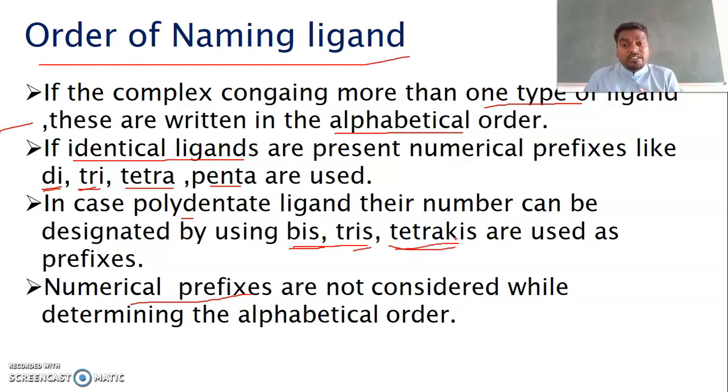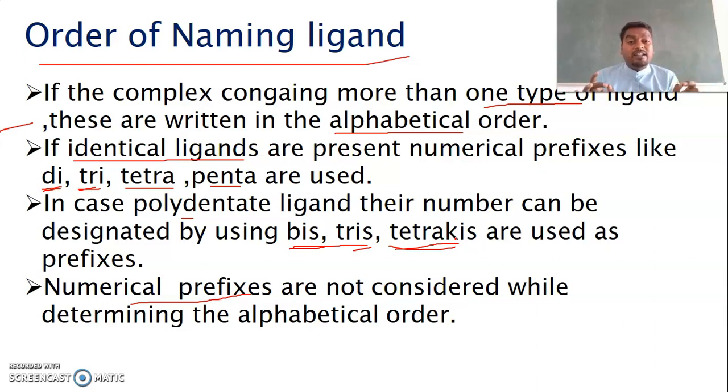These numerical prefixes are not considered while writing alphabetical order. For example, a metal ion containing 2 chlorine and 4 amino ligands: for 2 chlorine, dichloro; 4, tetraamino.